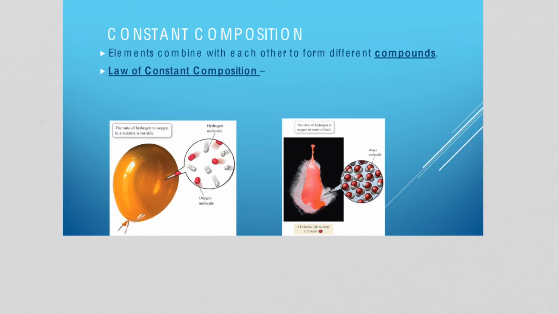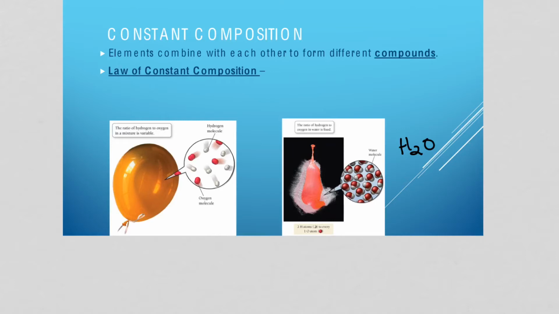For example, a lot of us already know that water has a formula H2O, and it will always be H2O. It'll never be O2 or H4O or H2O2. Any of those formulas may represent some different compound, but that would be a different compound. So that's essentially what the law of constant composition implies.